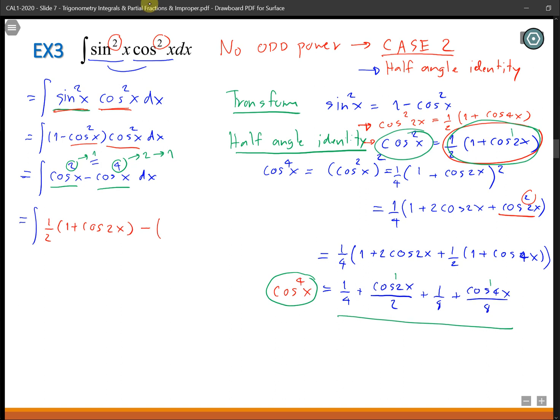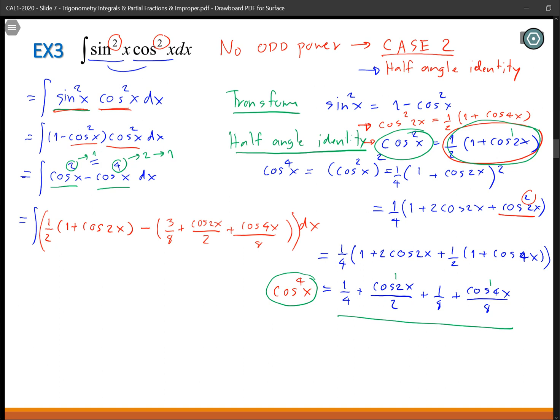Combine the terms: 3 over 8 plus cosine 2x over 2 plus cosine 4x over 8, dx. Now we put the big parentheses around all of them here.